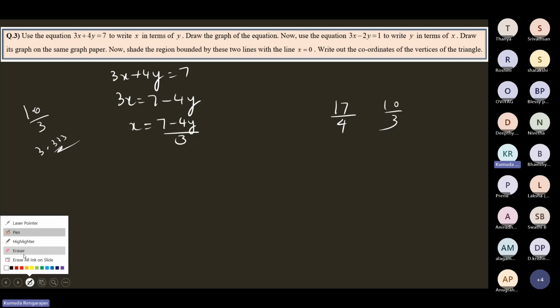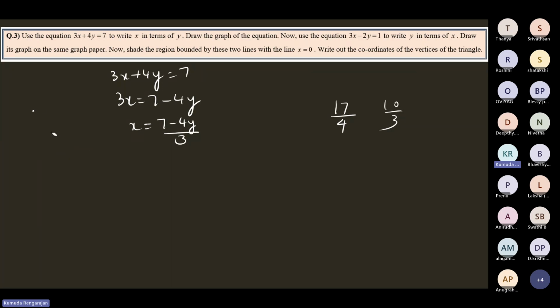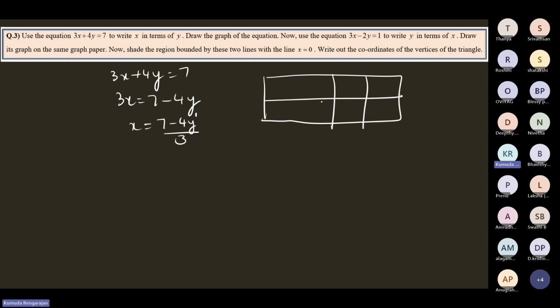So let's see how we can overcome this inconvenience. Listen to this carefully. First, find one value according to our convenience. Supposing you take y as 1. 4 into 1 is 4, 7 minus 4 is 3, and 3 by 3 is 1.